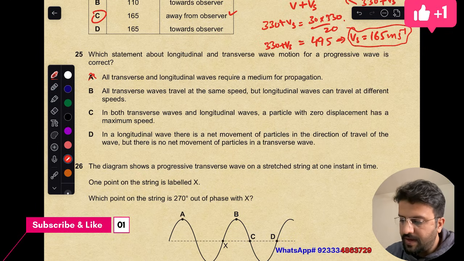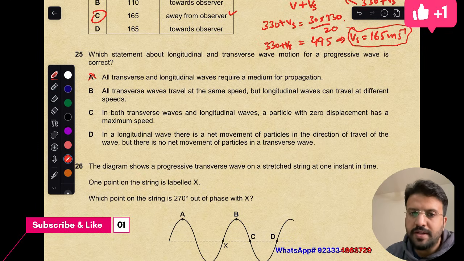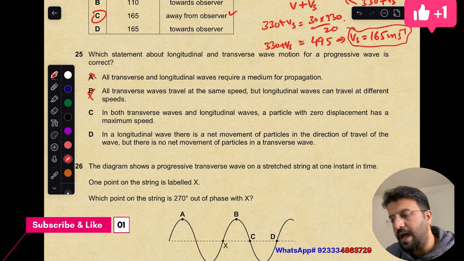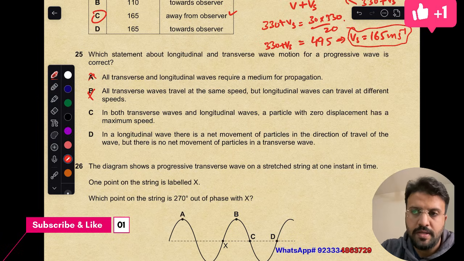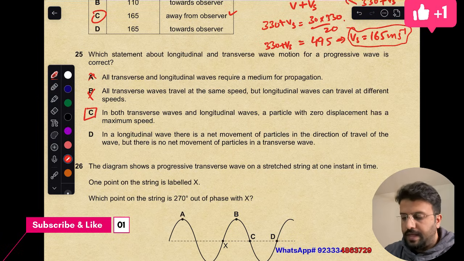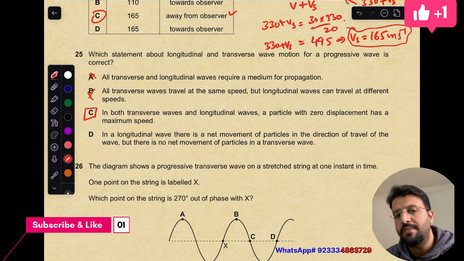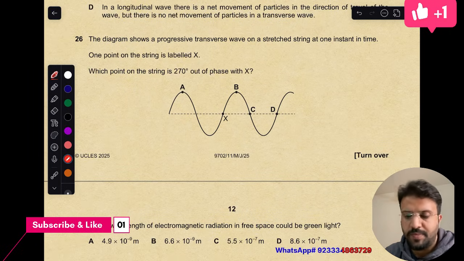All transverse waves travel at the same speed, but no, they travel at the same speed in a vacuum, but they can have different speeds in different mediums, right? In both transverse and longitudinal waves, a particle with zero displacement has the maximum speed. Yes, this is true, because at zero displacement they will have the least potential energy and the maximum kinetic energy, that leads towards the maximum speed.